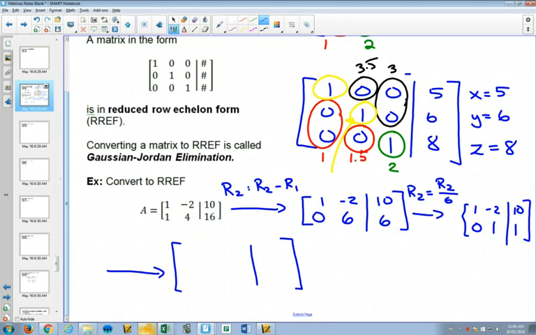The next step, I want to get that top right-hand corner to be a 0. So now I'm not going to be changing row 2 because it's already done. But now I'm going to make row 1 equal to row 1 plus 2 row 2s.